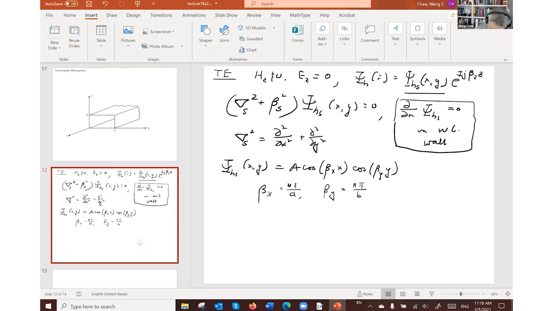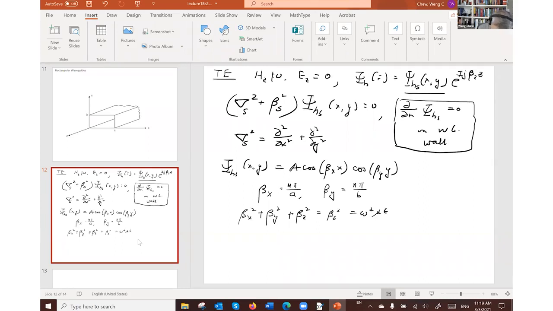But then the dispersion relationship has to be satisfied inside the waveguide, because these are solutions to the Helmholtz wave equation. Okay, beta z squared plus beta x squared plus beta y squared must be equal to beta squared, which is omega squared mu epsilon.